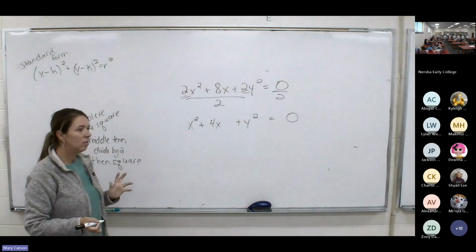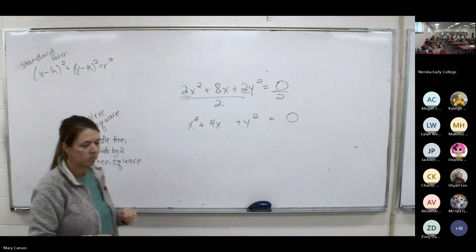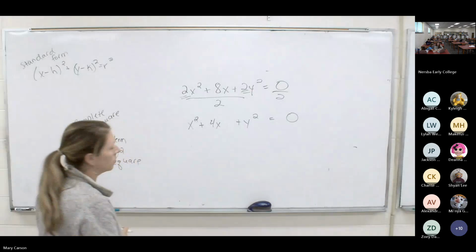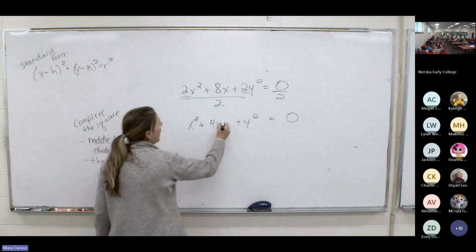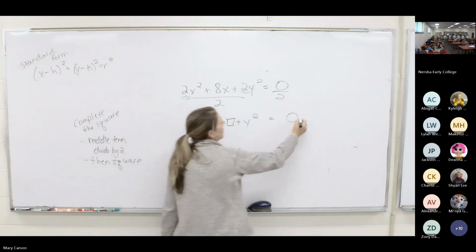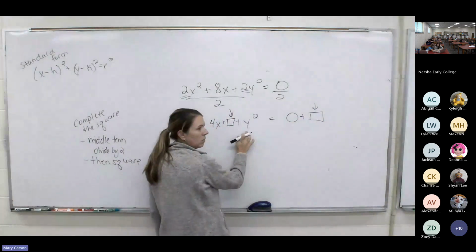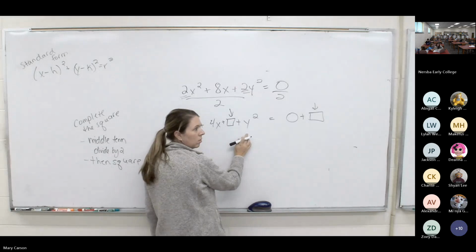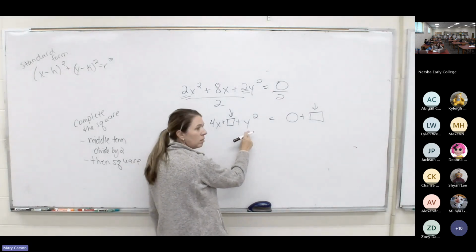And then we can complete the square. So I would add the box here and add the box here. Now, do I have to do anything for this one? Do I need to add anything? No, because what is this value going to be?